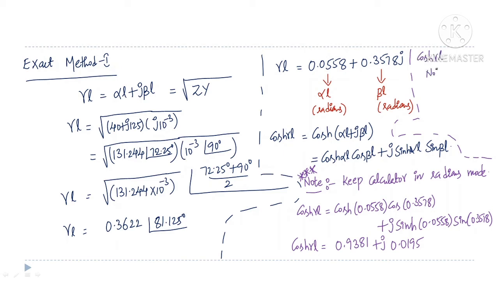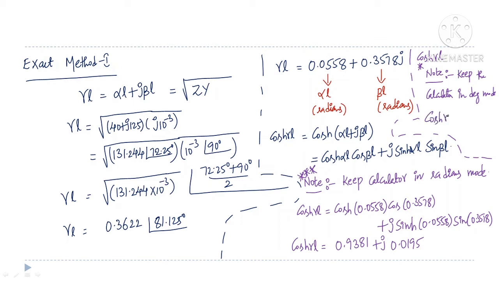Again, another note is now you need to keep the calculator in degree mode. Keep the calculator in degree mode. While finding cosh gamma L, you need to keep the calculator in radian mode. While converting this cosh gamma L from rectangular to polar, you need to keep the calculator in degree mode.